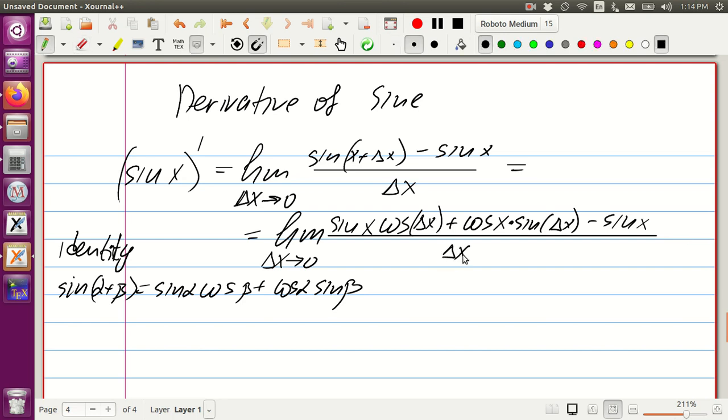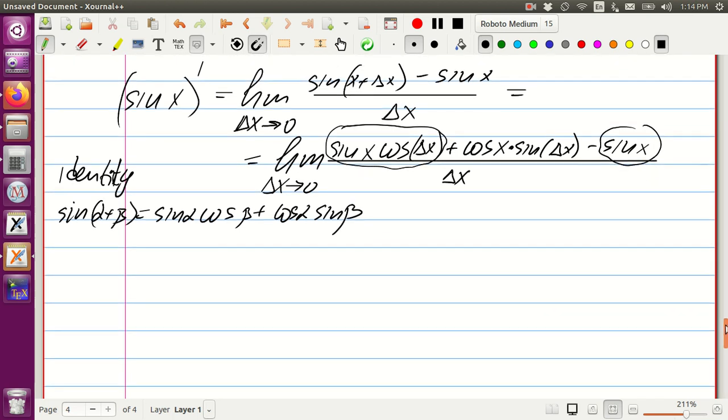The denominator has delta x in it. So let's look quickly. At the end we have sine of x, and the only other term that has sine of x is the first term. Look, this term over here has sine, and this term over here has sine. So we're going to put them together and write it as one fraction. So we'll say the limit as delta x goes to 0.